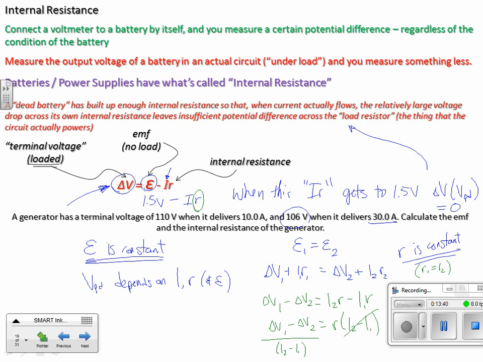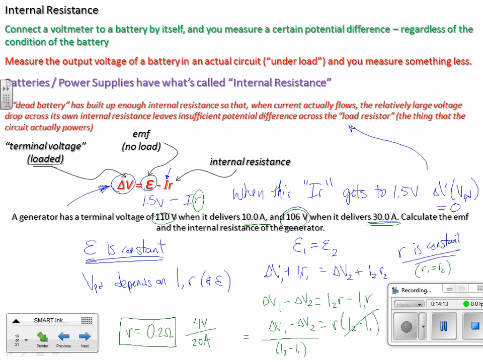Or delta V1, 110 volts. Delta V2, 106 volts. So that's 4 volts. I2, 30 amps. I1, 10 amps. 20 amps. So that means that R is 0.2 ohms. Right? It's got this relatively small internal resistance.